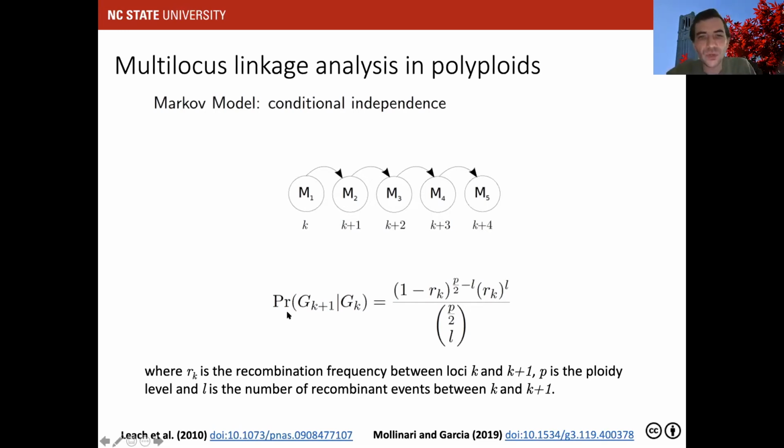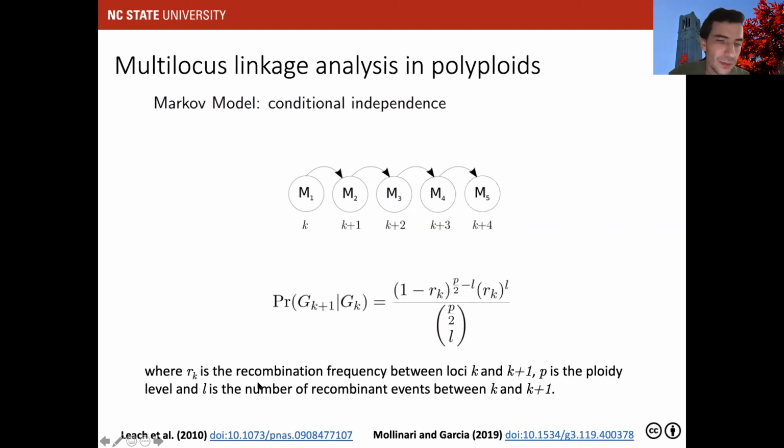For the multilocus linkage analysis we usually use something that we call hidden Markov models, right? And the hidden Markov models depend on something we call transition probabilities, which is basically a probability of observing a certain genotype given another genotype in a previous position, right?